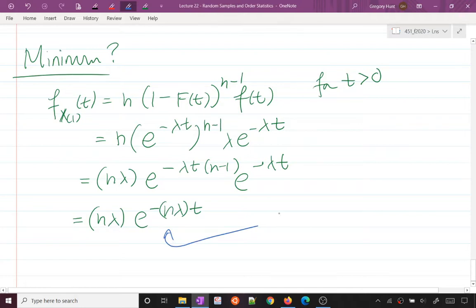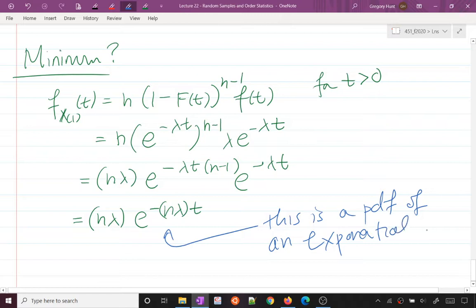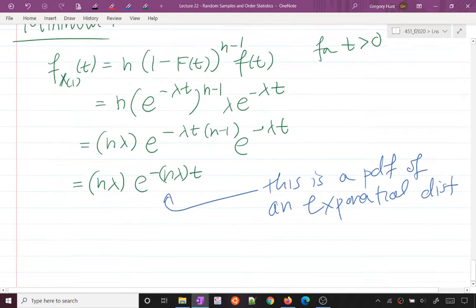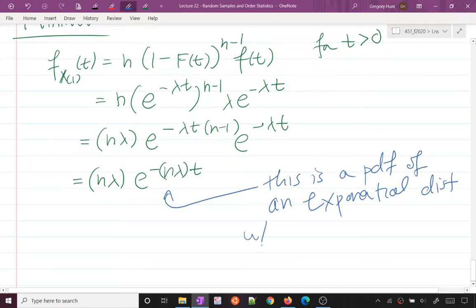The reason I write it like that is I notice that this is a PDF of an exponential distribution, but instead of rate parameter lambda, I have a rate parameter of n times lambda. It'd be lambda e to the negative lambda t, but now it's n lambda times e to the negative n lambda t.